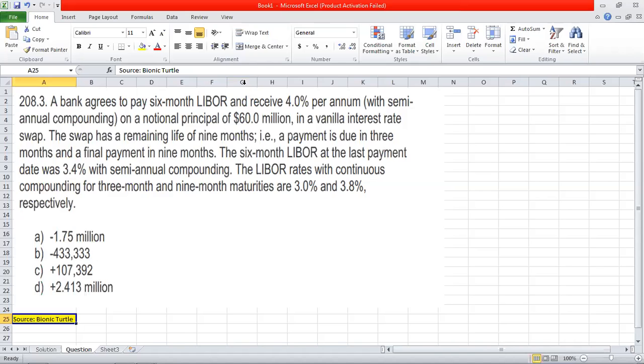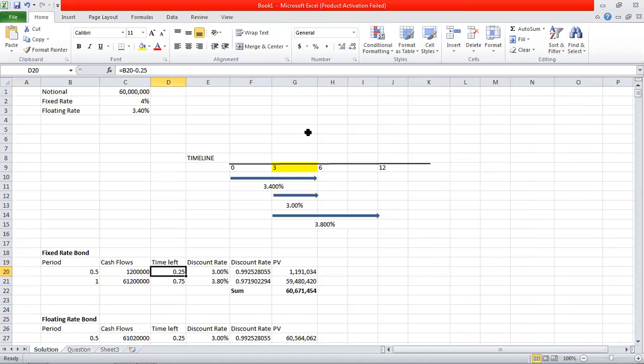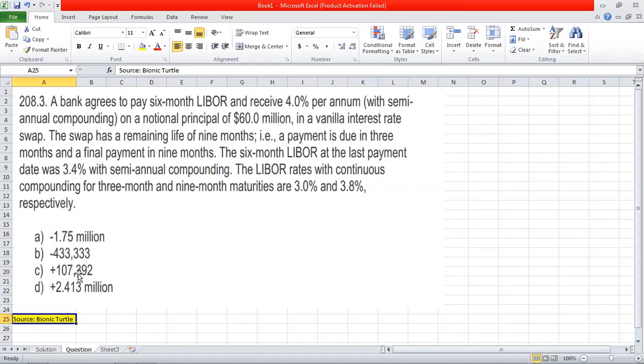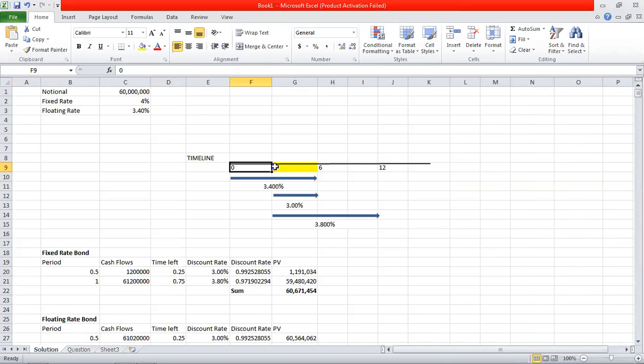So this is the timeline that I have drawn. There is an IRS with a remaining life of 9 months, a payment is due in 3 months' time and a final payment is due in 9 months' time.